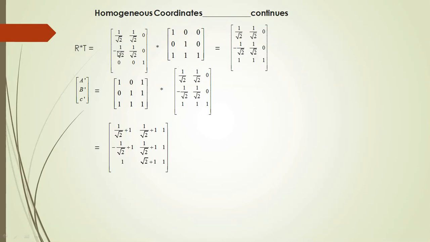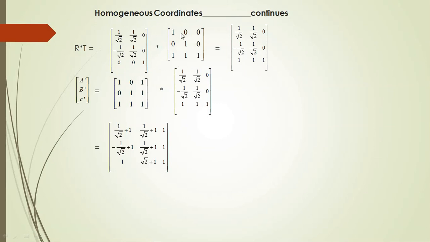Then the third is this row multiplied into the third column, that is minus 1 by root 2 into 0 plus 1 by root 2 into 0 plus 0 into 1, so the answer is 0. Then the third row is multiplied into the first column, 0 into 1 plus 0 into 0 plus 1 into 1. Answer is 1.